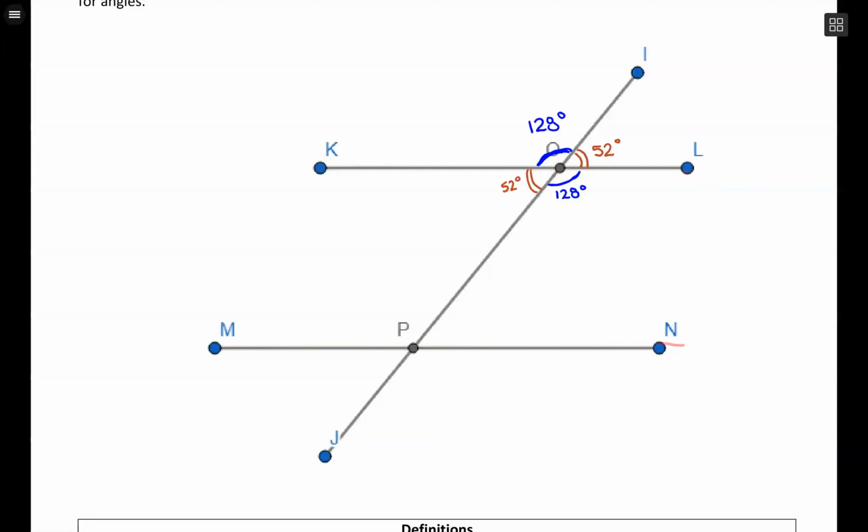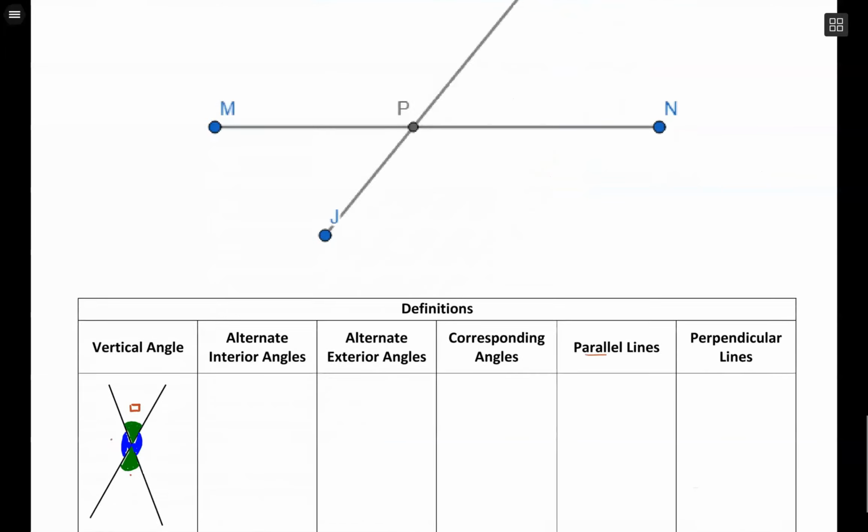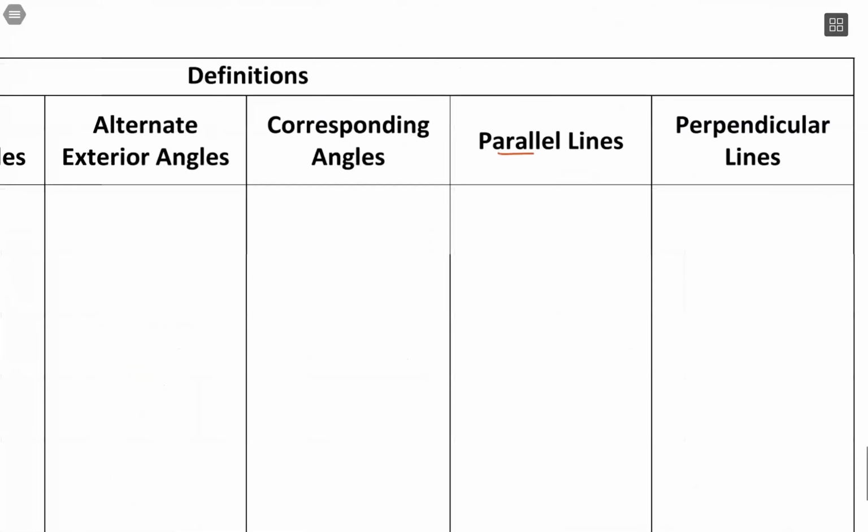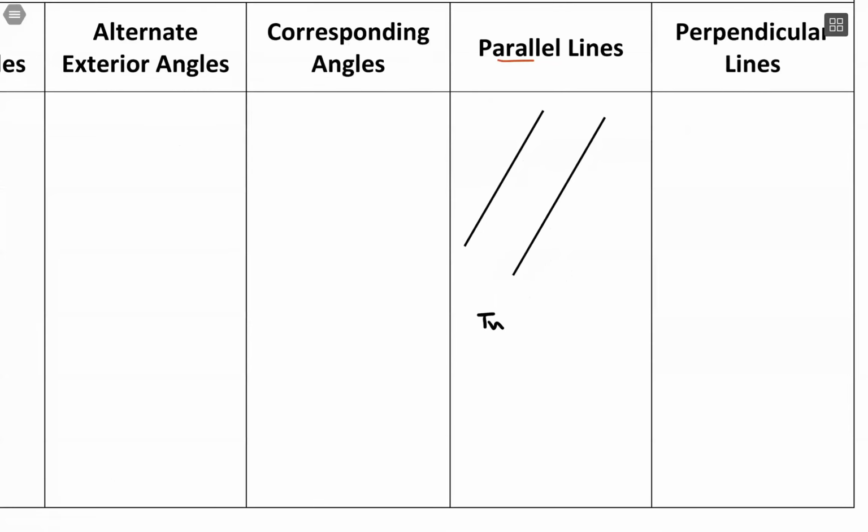Parallel means that if I continued those lines on forever, infinitely, they would never intersect with each other. They would keep running, and we use the term parallel, meaning they'll never intersect. So the definition for parallel lines is two lines that never intersect.